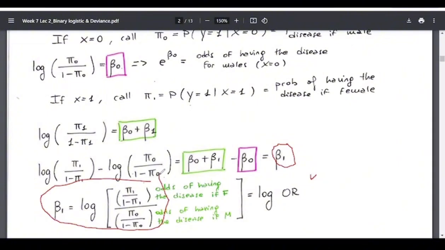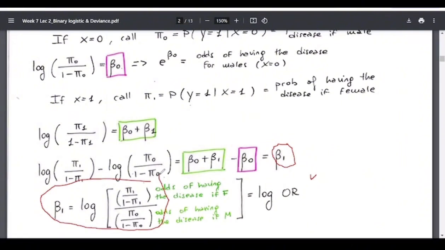The ratio of that, we have said, gives beta 1. That is what we call the log odds ratio, the beta 1. But if I exponentiate beta 1, I'm going to get the odds ratio.